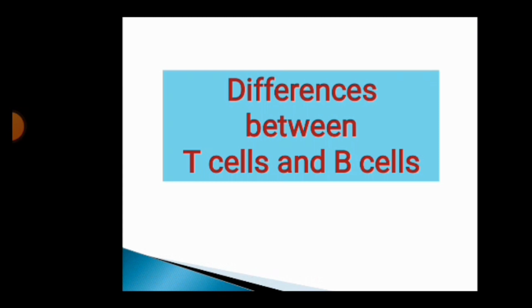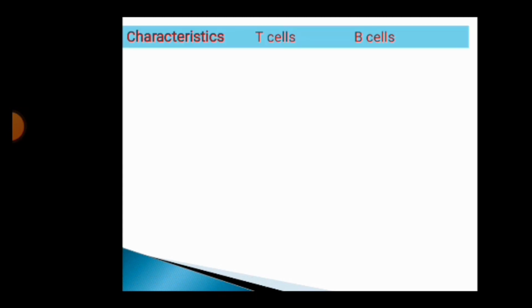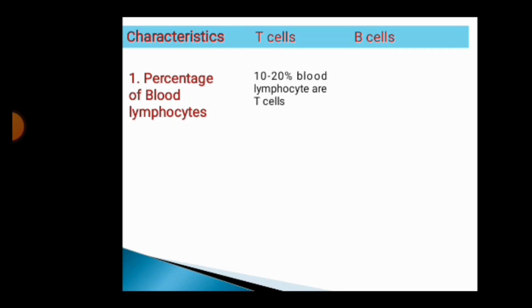Now let's discuss some differences between T cells and B cells. First is the percentage of blood lymphocytes. About 10 to 20% of the blood lymphocytes are T cells, whereas 80 to 90% of the blood lymphocytes are B cells.